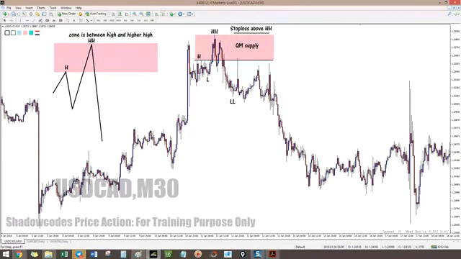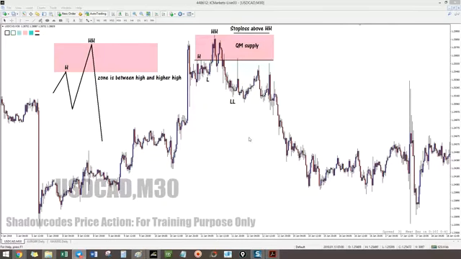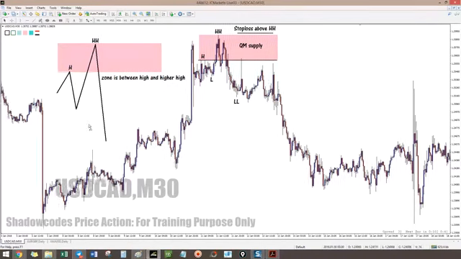Get this? Right. This is the question, how to draw the zone. Okay, so this is the answer. All right. Then answer the question.